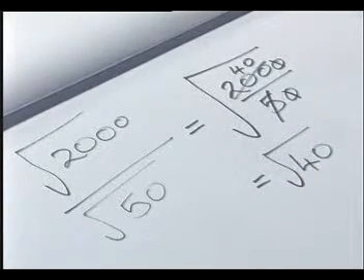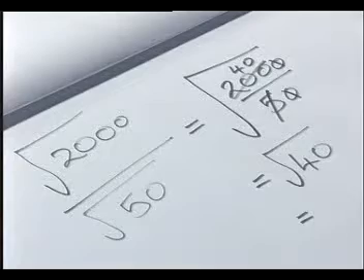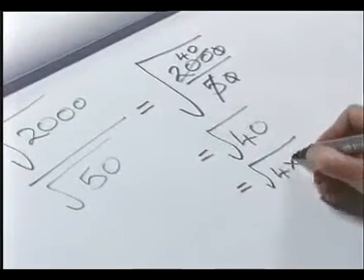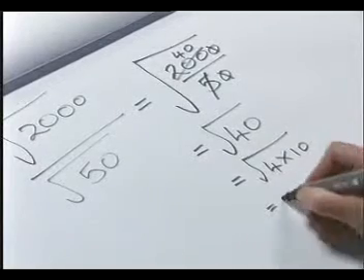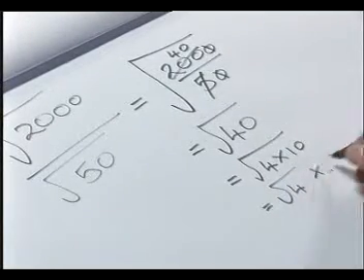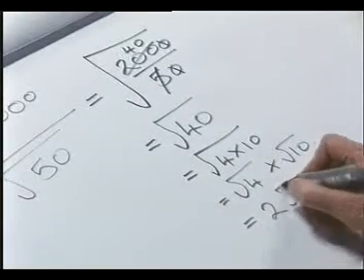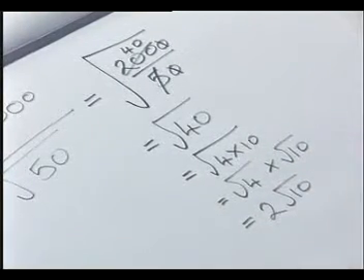But we can simplify the square root of 40, thinking of square numbers, break down 40 as 4 times 10, and that equals the square root of 4 times the square root of 10, which is 2 times the square root of 10. What could be simpler? It becomes second nature, really. The more practice you do with the rules, the more you understand them and you don't have to think about them.